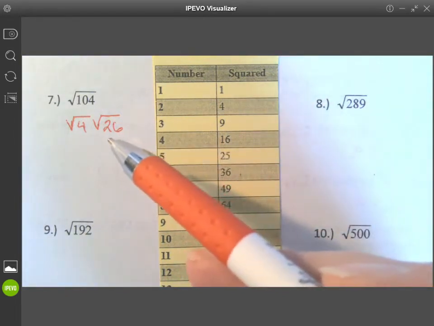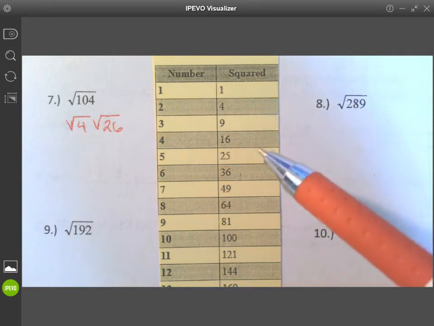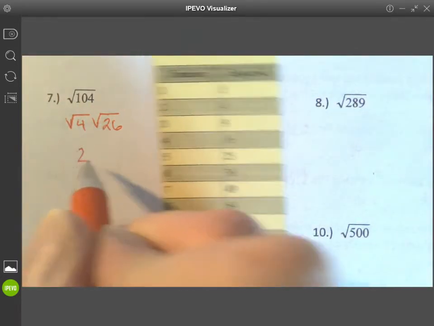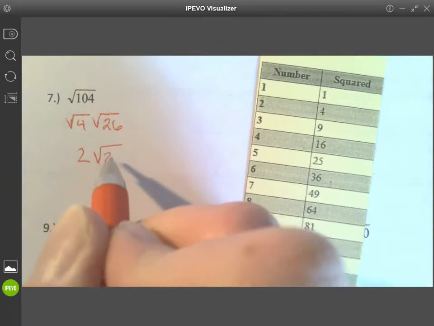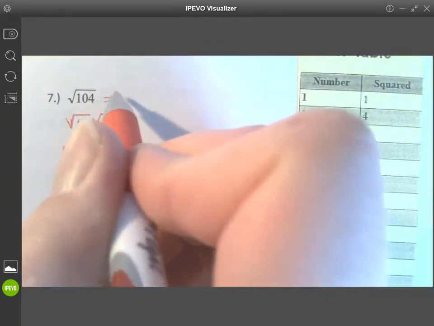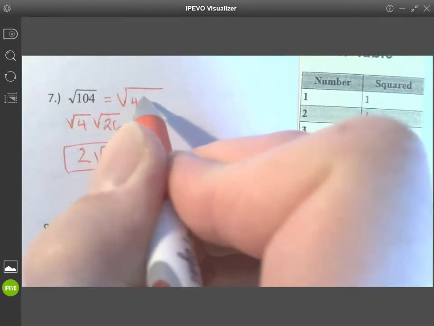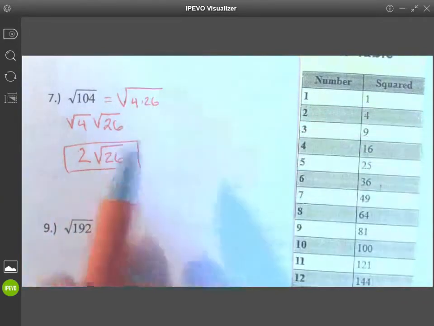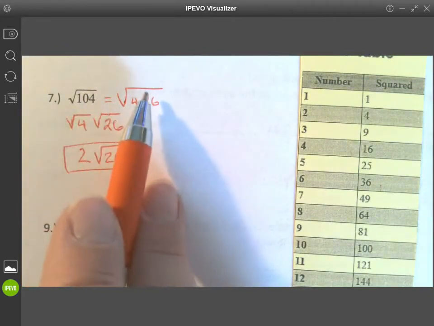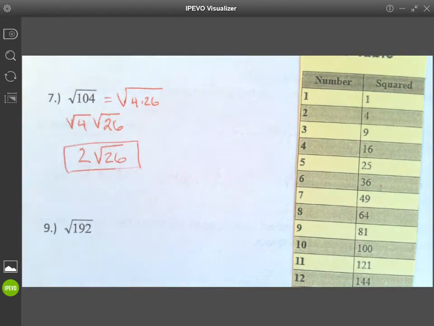My only factors are 2 and 13, and those aren't perfect squares. So that's how you know you found the biggest perfect square. So you should have the answer of 2 square root of 26. Now, just a reminder, this 104 we looked at as 4 times 26, and I can always do that. 4 times 26 is 104. It's underneath the square root, and that's why we're allowed to break them out.